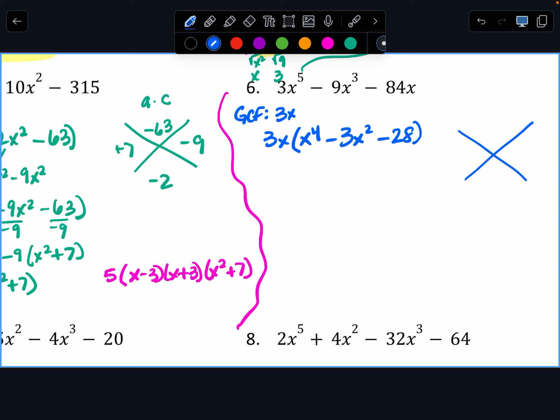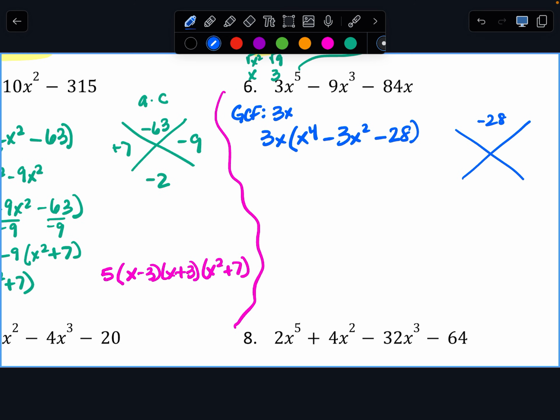Now I need to multiply to be negative 28 and add to be negative 3. So that's positive 4 and negative 7. So plus 4x squared minus 7x squared. So I have 3x times x to the 4th plus 4x squared minus 7x squared minus 28.